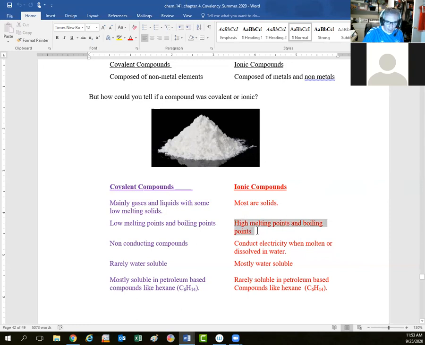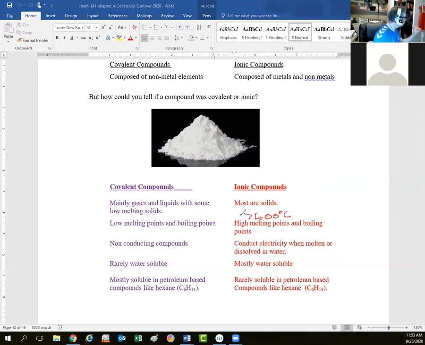Similarly, when it comes to melting point, a melting point above 400 degrees Celsius would tend to be ionic. So if the melting temperature is below 400, it's probably covalent.